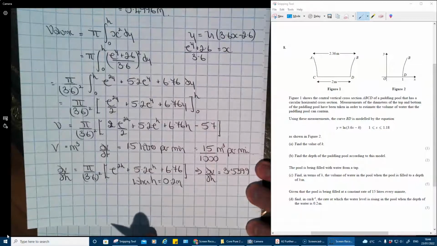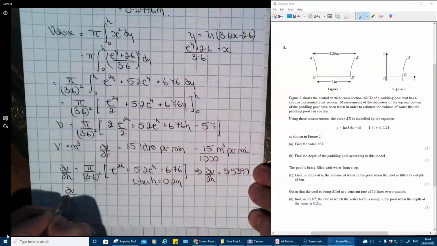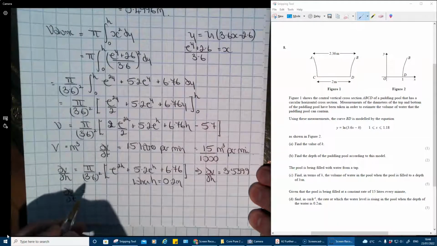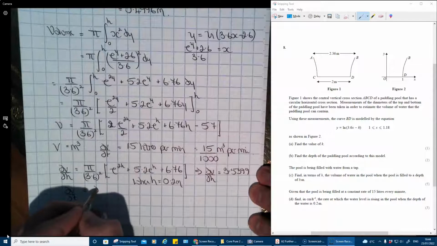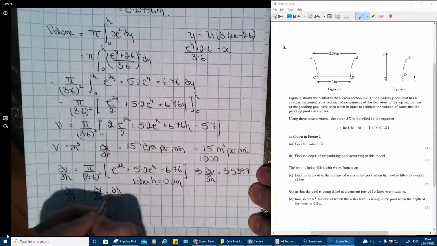And we're actually trying to find dh by dt, the rate at which it rises. So we've got dV by dt equals dV by dh times dh by dt.